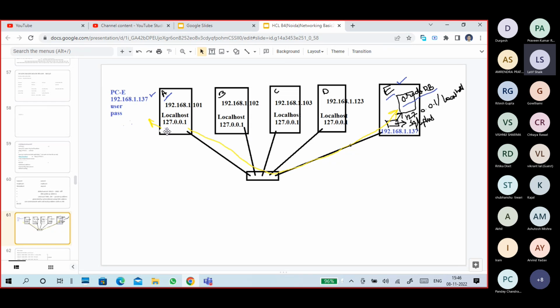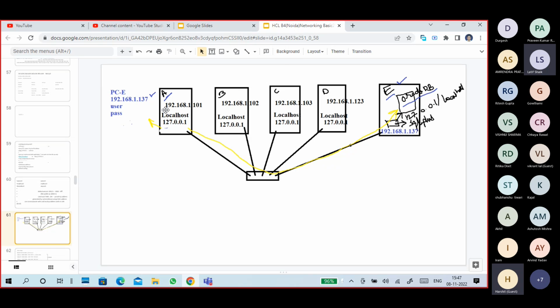But every PC also has a common name called localhost, and that localhost IP address is 127.0.0.1. It is a self kind of address. It means you are accessing your own PC, pinging your own PC. So the name is localhost and the IP address is 127.0.0.1.